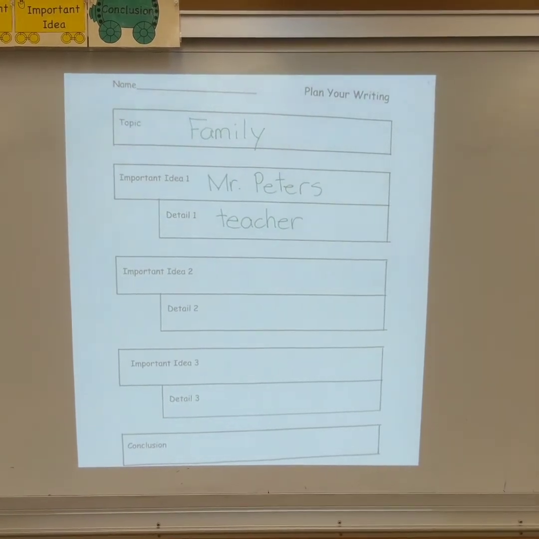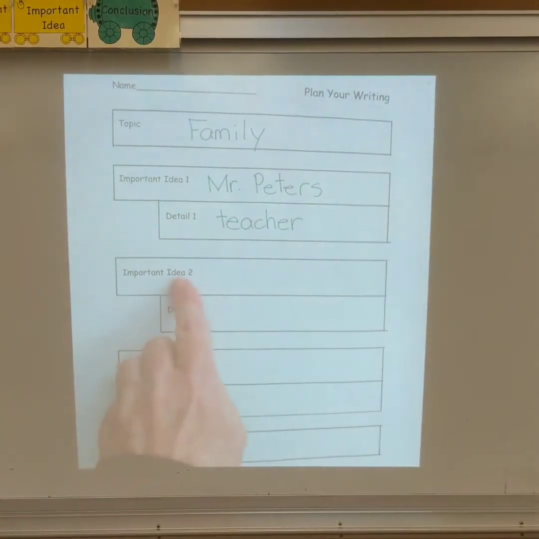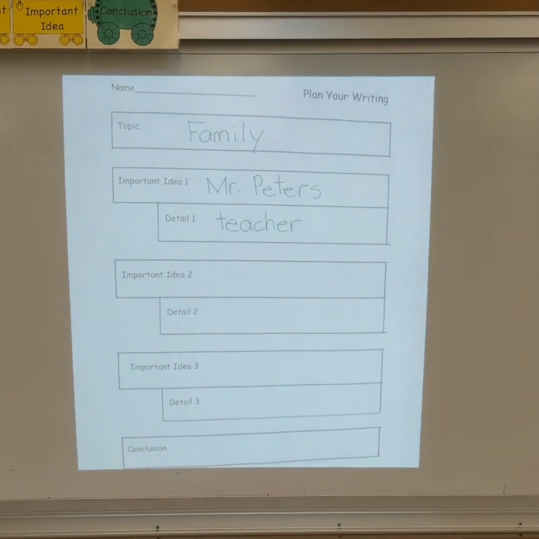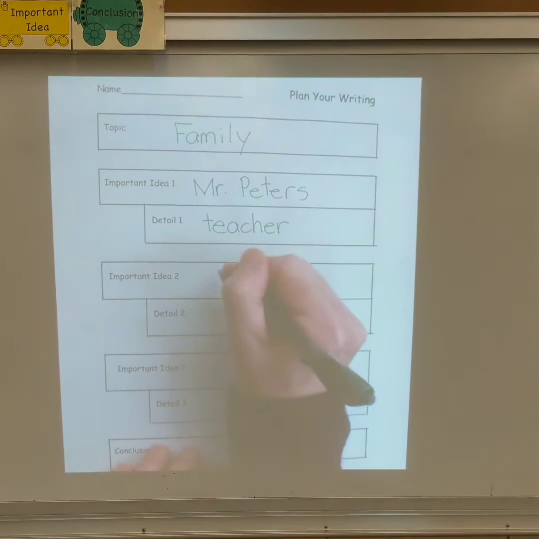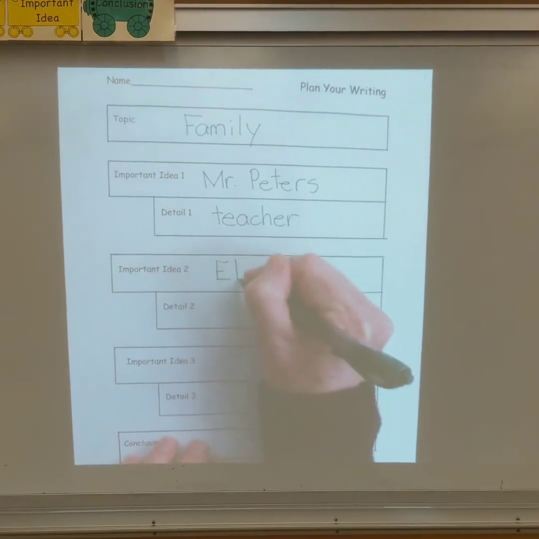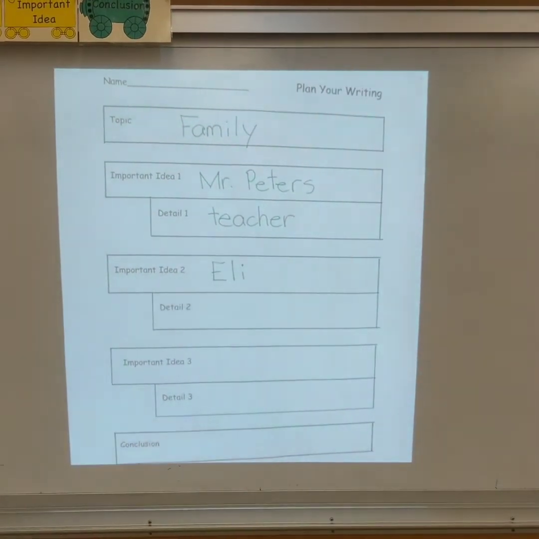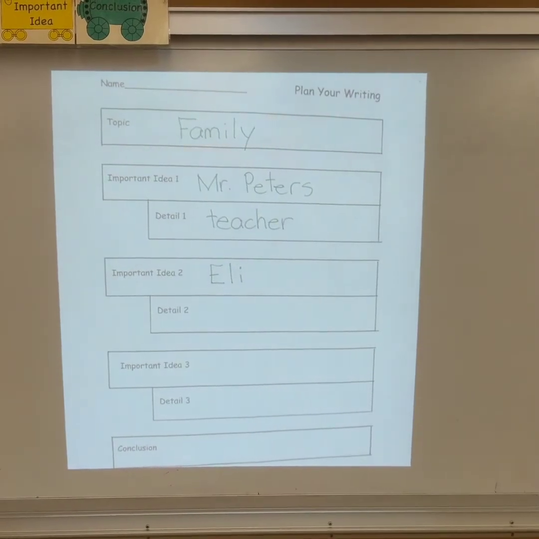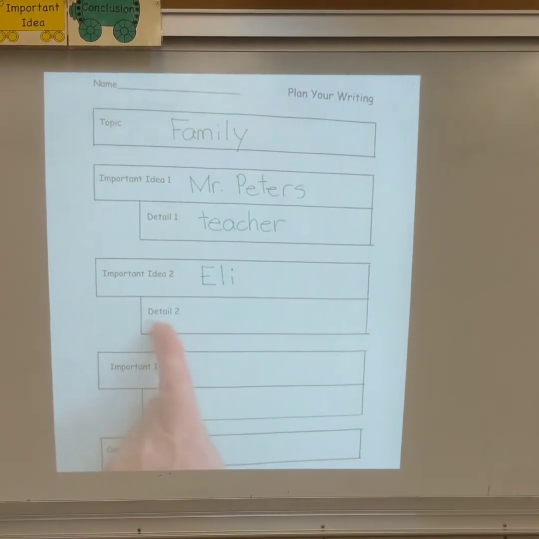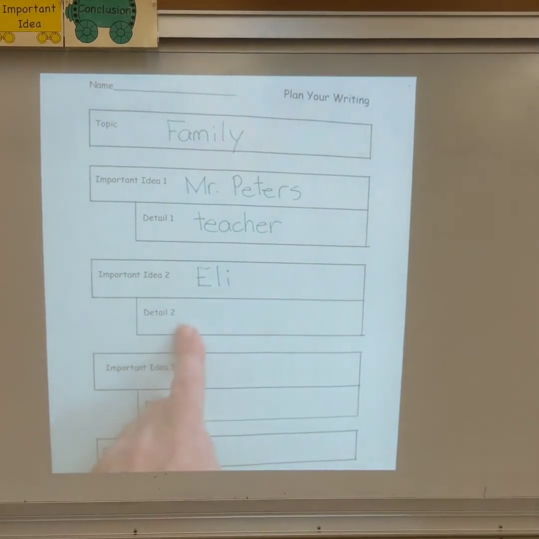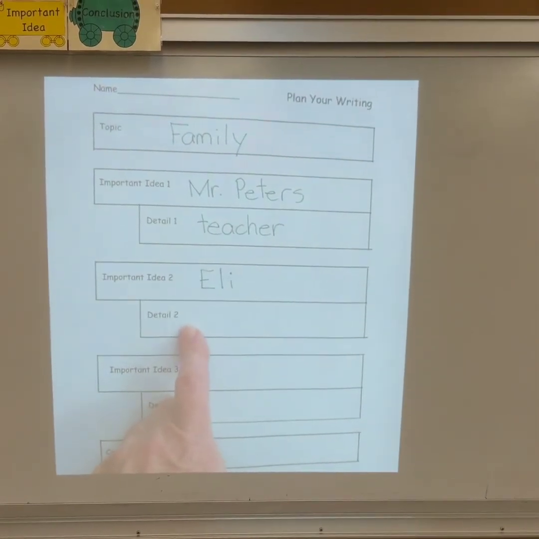Now going to important idea number 2, I'm going to write about another member of my family. And I'm going to write about Eli. Eli is my son. He's an important member of my family. So he's my important idea number 2. And then for detail number 2, I stopped to think, okay, what could I say about Eli?